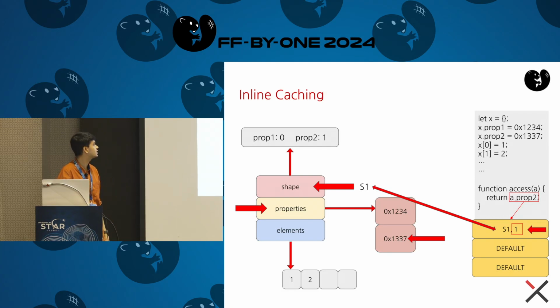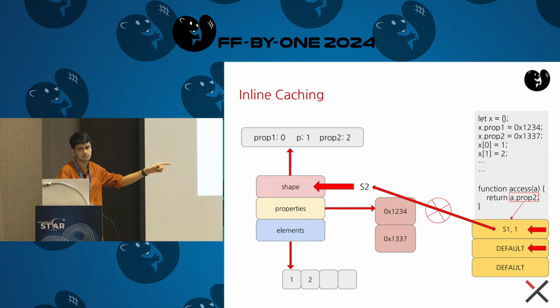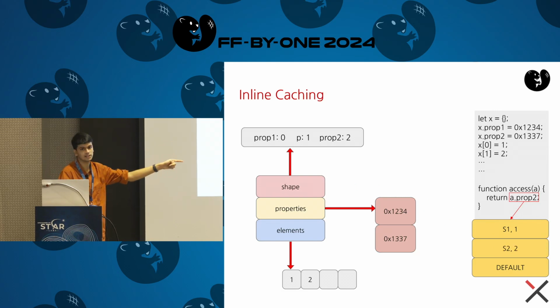However, if there is a different shape, S2, it's a cache miss, because S2 does not match what is there in the inline cache. And if there's a cache miss, we go the default interpreter route and fill the slot with the new index. So basically this cache keeps track of all the structures that are seen at this point along with the property offset number.